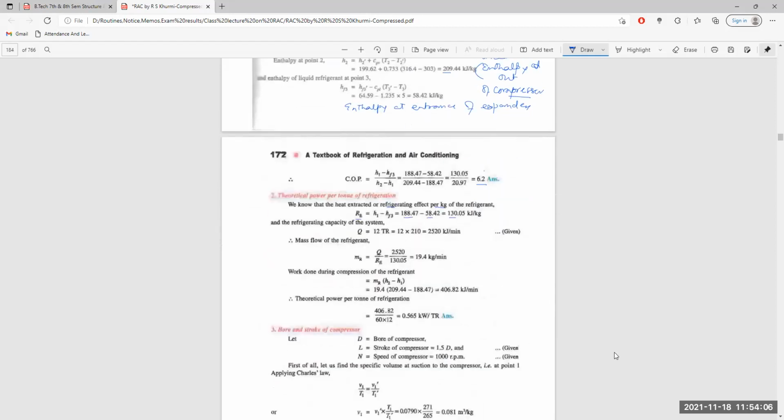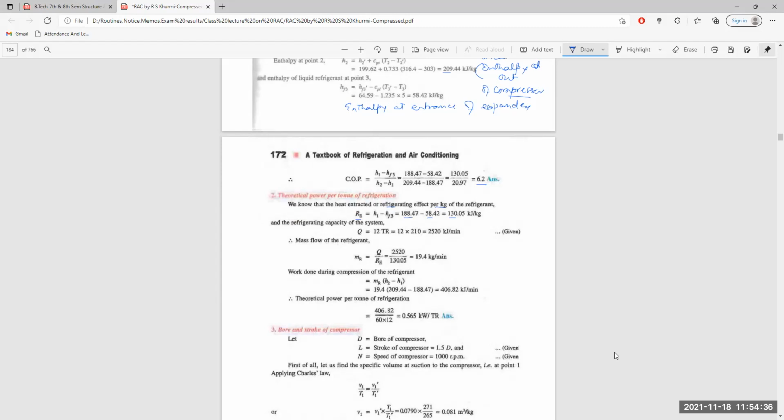Now, the work done during the compression of the refrigerant is the mass flow multiplied by the enthalpy rise, mass flow multiplied by (H2 minus H1), which is calculated as 209.44 minus 188.47, equal to 406.82 kilojoule per minute. That is the theoretical power, the power required by the compressor per minute.